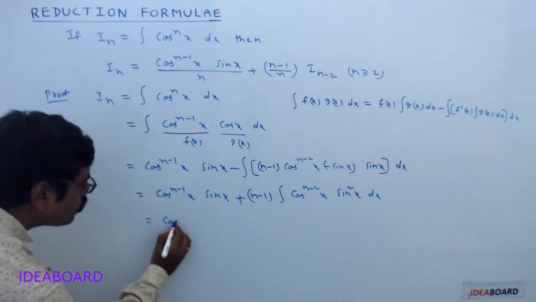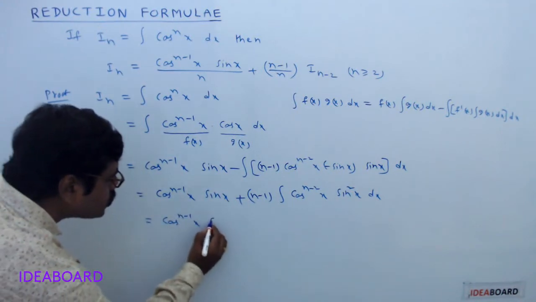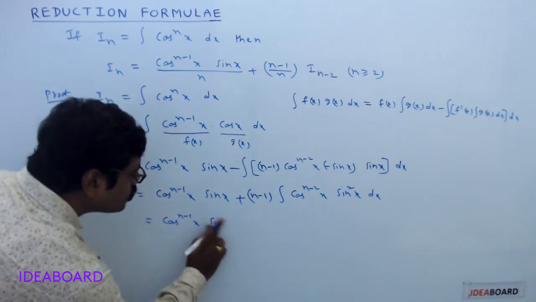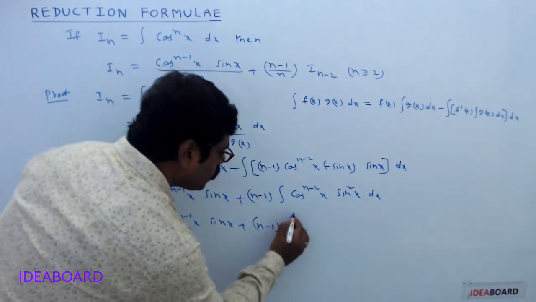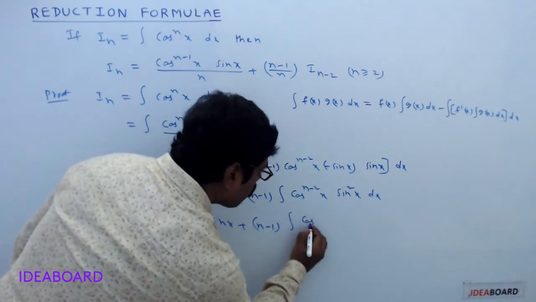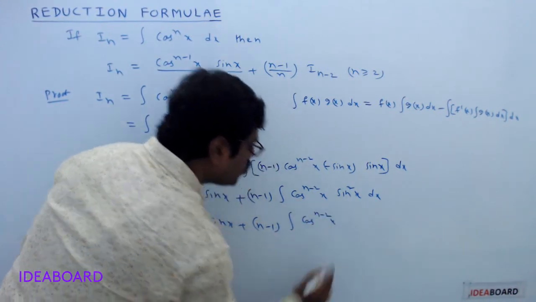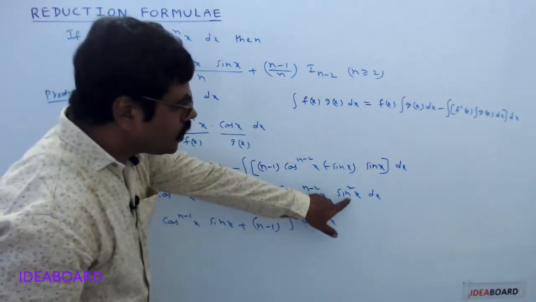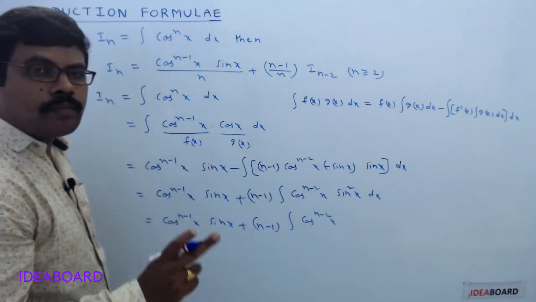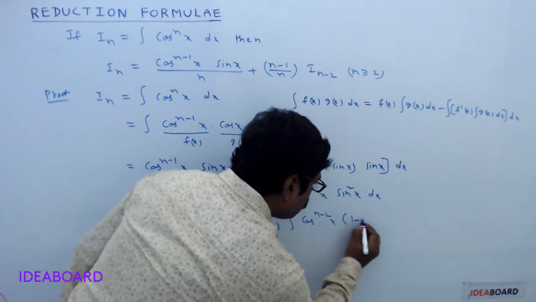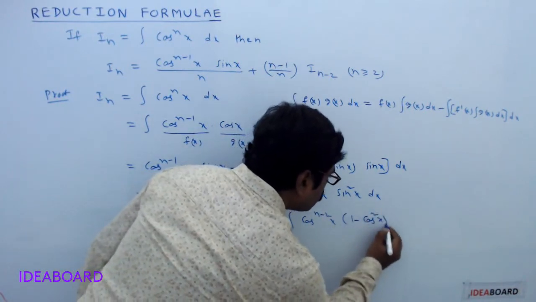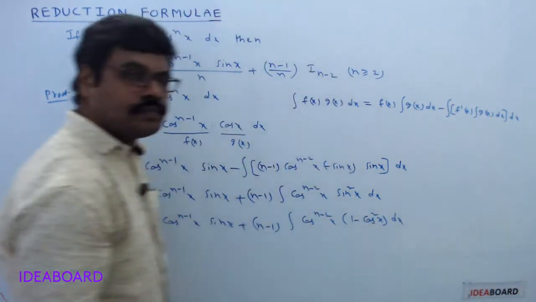Now sin square x can be taken as 1 minus cos square x. So in place of sin square x, write down 1 minus cos square x.